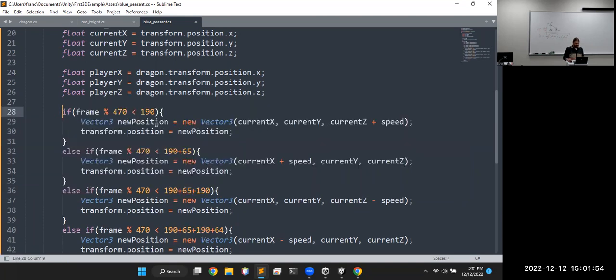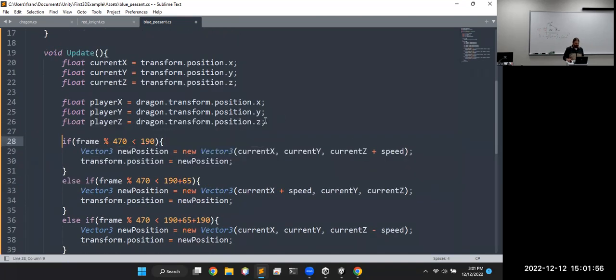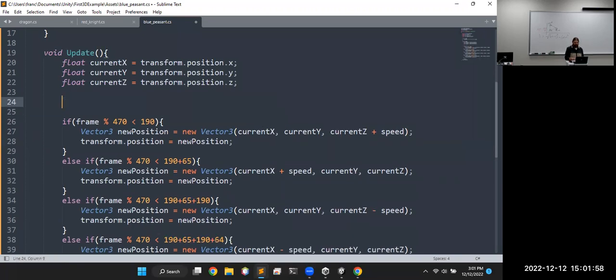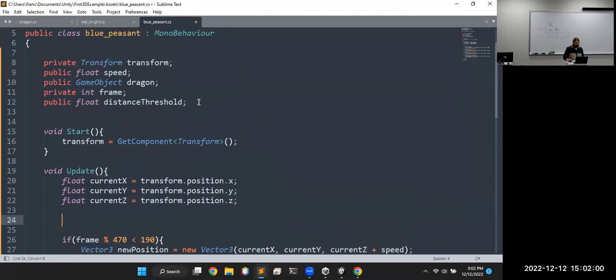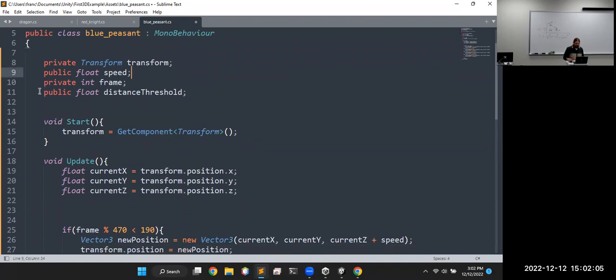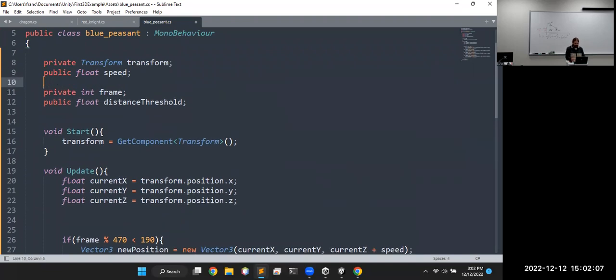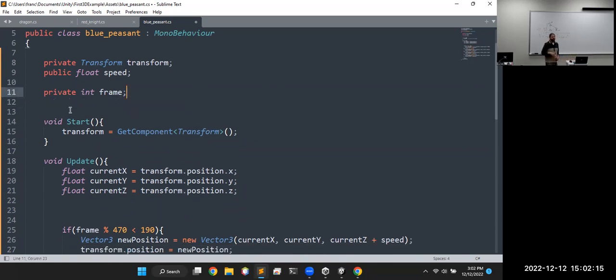This time we'll just start with our movement. I guess we don't really need to know where the dragon's at if we're not chasing it down, so we take this out. What I do want to do is, oh, and we don't need that distance threshold. That was for the enemy to attack, and you all will want to play around with that number. Find some good numbers to work in there.